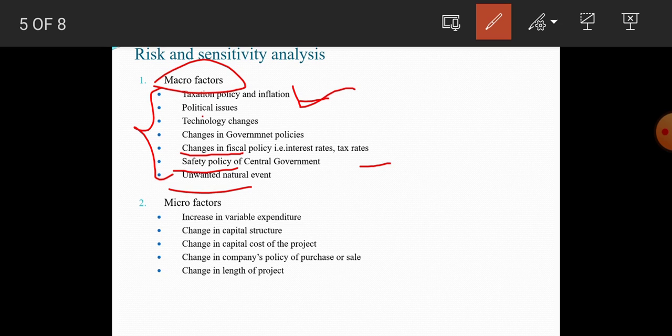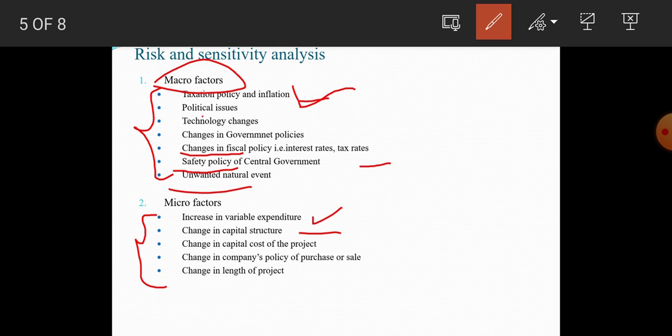So now we are going to see minor factors. So minor factor includes the variable expenditure, which generally means the cost of raw material, which is variable. Then change in capital structure.